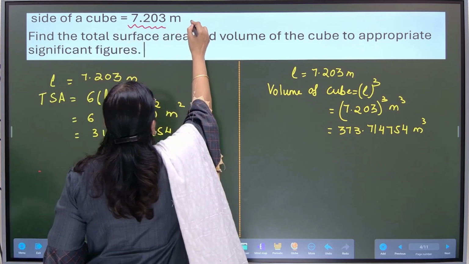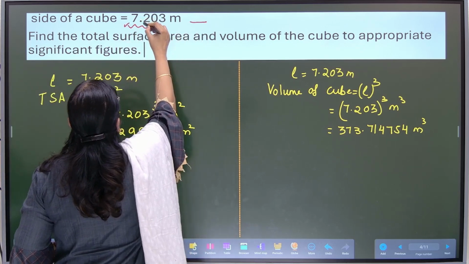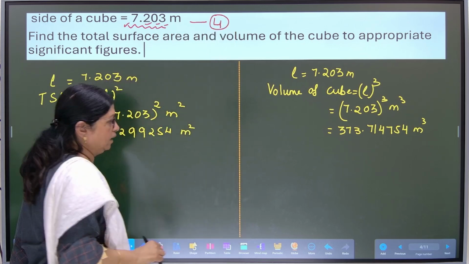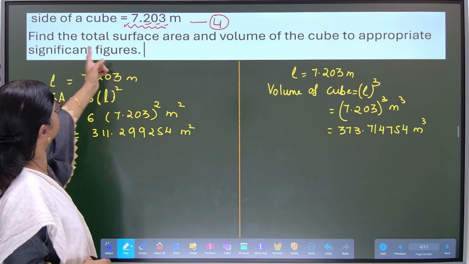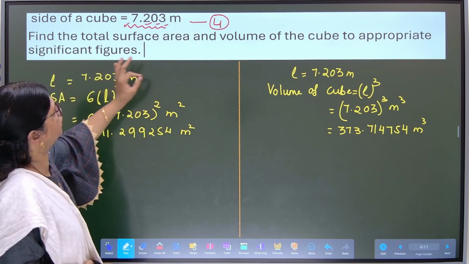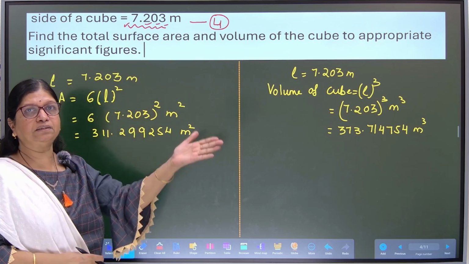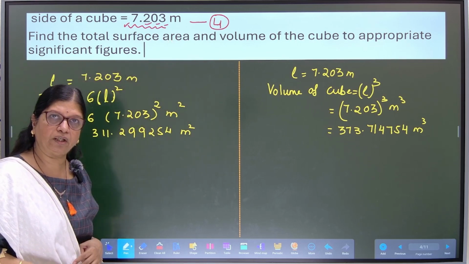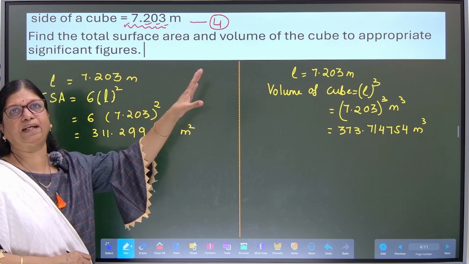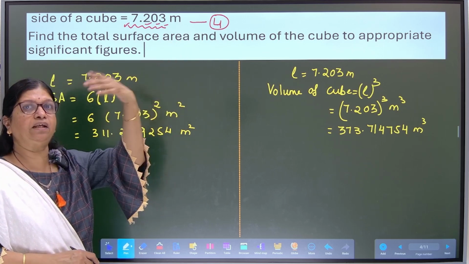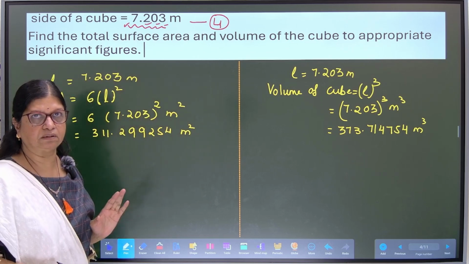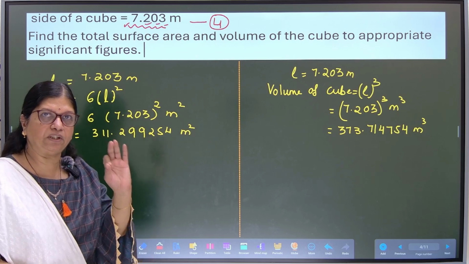So how many significant figures does it have? 1, 2, 3, 4. So 4 significant figures. Correct? So when we find out the total surface area, TSA of the cube, or the volume of the cube, our answer should have 4 significant figures because our data has 4 significant figures. If there were any other data, the least significant figure count should be in our answer. That was the rule which we have already learned in the previous video.